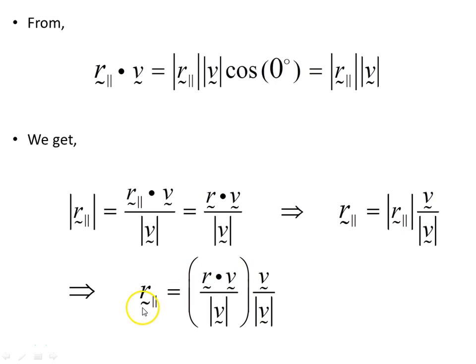And so we can rewrite the parallel part of the vector R as this object times this object here. That's the vector projection of R in the direction of V, and gives us this parallel part of R.